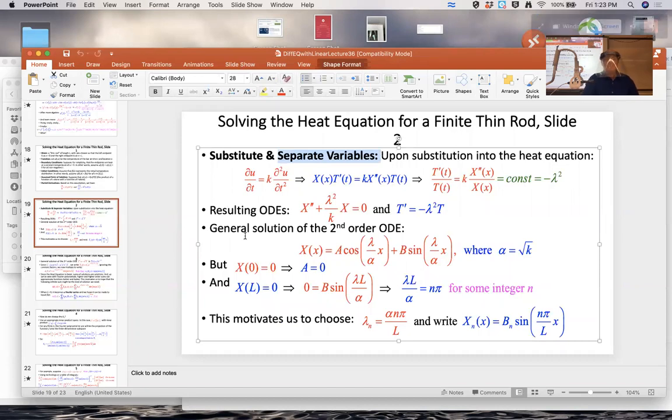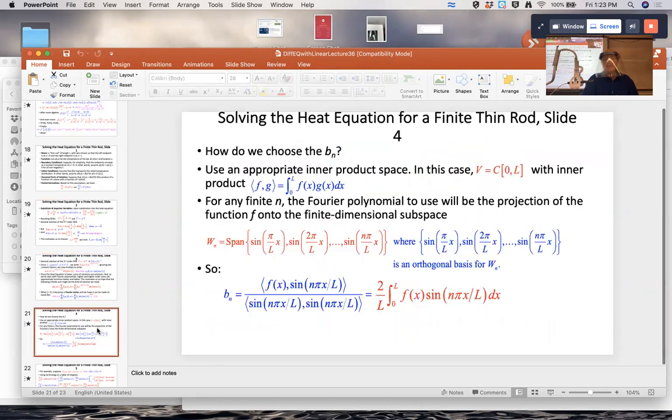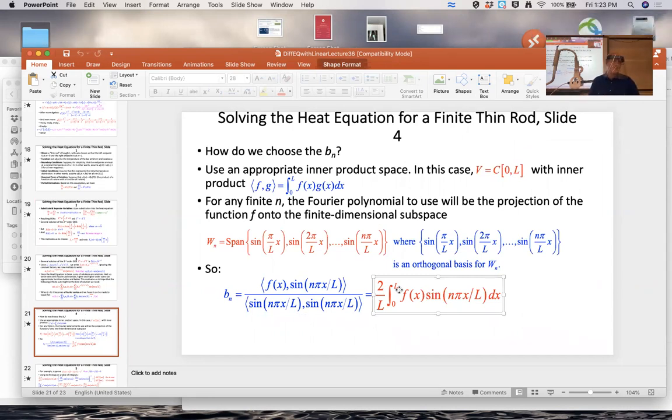Ultimately, infinite sums analogous to Fourier polynomials, which are called Fourier series, help you solve the partial differential equation. And related to that is inner products on function spaces. You can write down the formulas for the Fourier coefficients without talking about inner products. But to realize deep down what you're really doing, it's best to relate it to inner products.